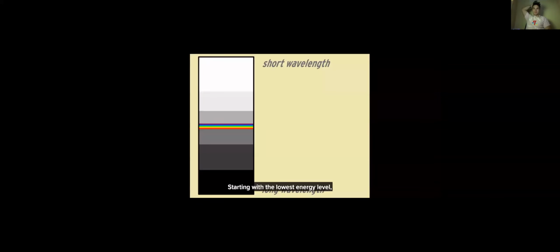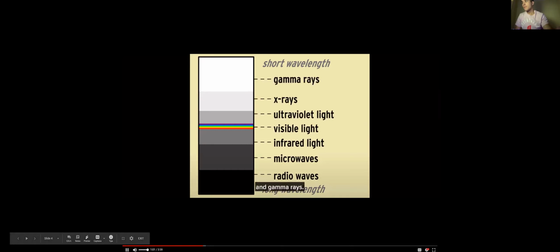You can think of this radiation as a wave made up of moving electrical and magnetic fields. You can think of it as a stream of particles called photons. EM radiation is kind of indecisive. Sometimes it behaves like a wave, sometimes like particles. You won't have to know that part. Starting with the lowest energy level, the 7 types of EM radiation are radio waves, microwaves, infrared light, visible light, ultraviolet light, X-rays, and gamma rays.